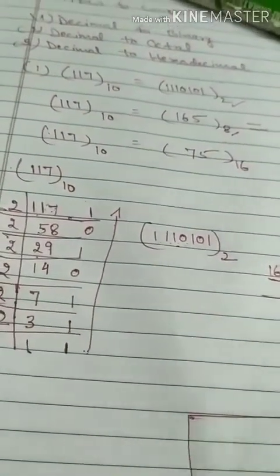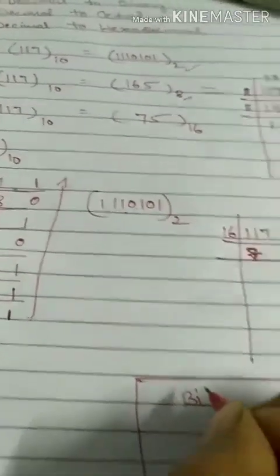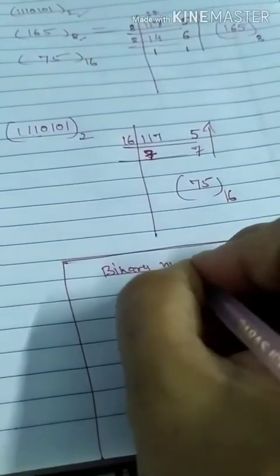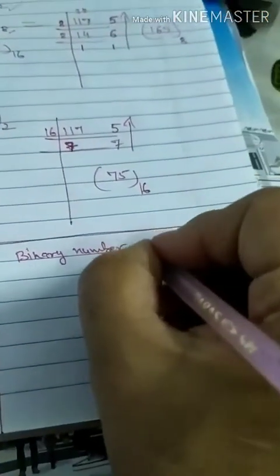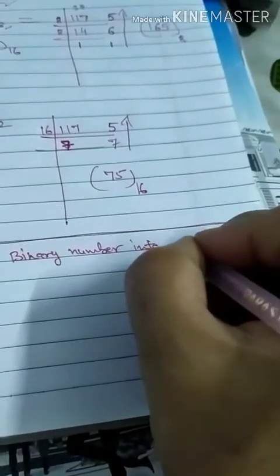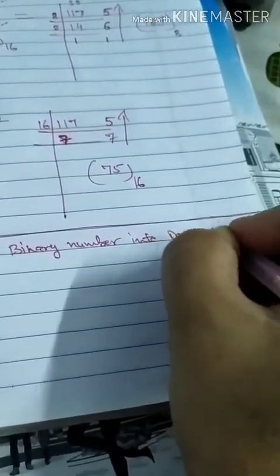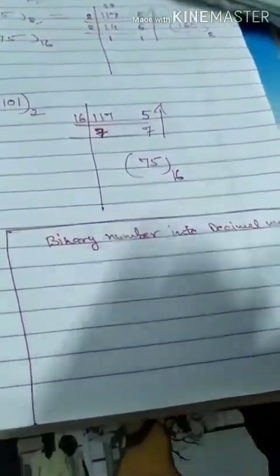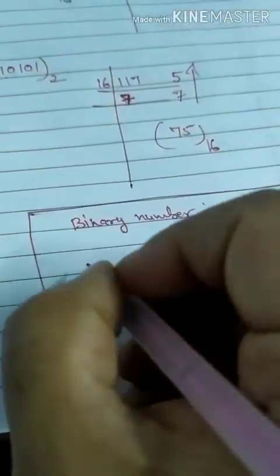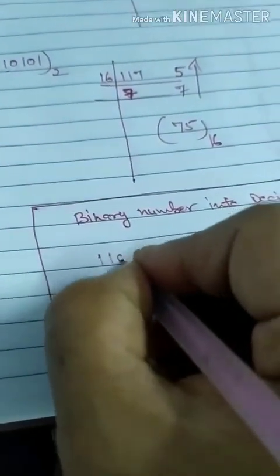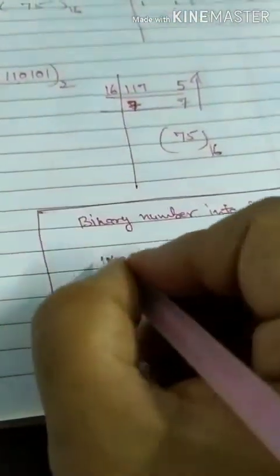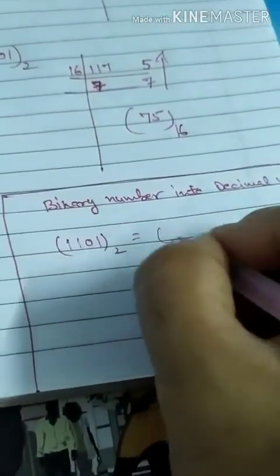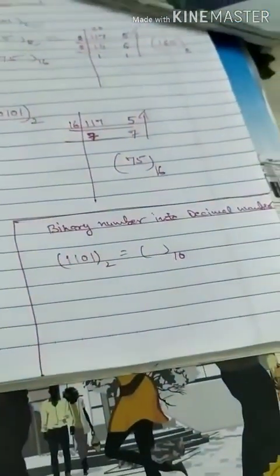Suppose you have 1101 base 2, and now you want to convert it into a decimal number.